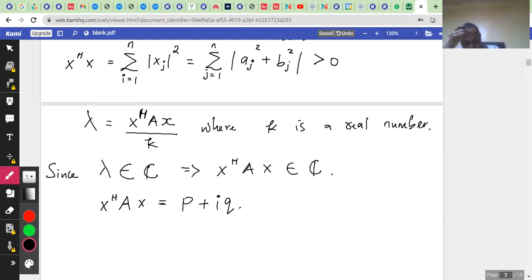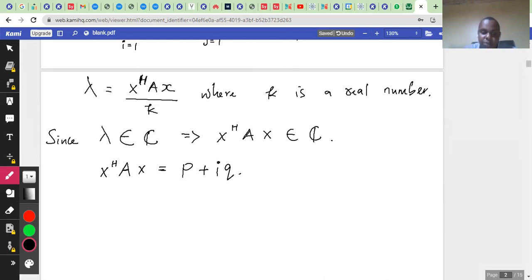Because it's a complex number, so it has to be some number p plus iq.